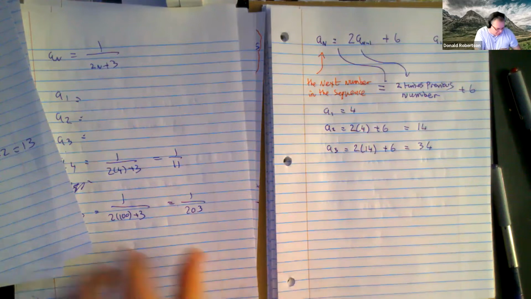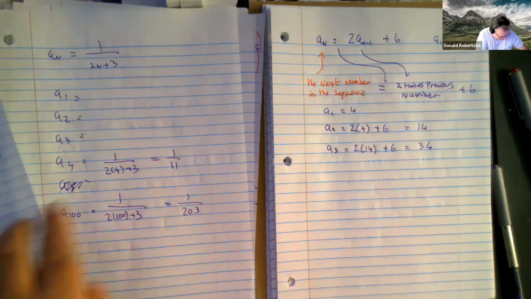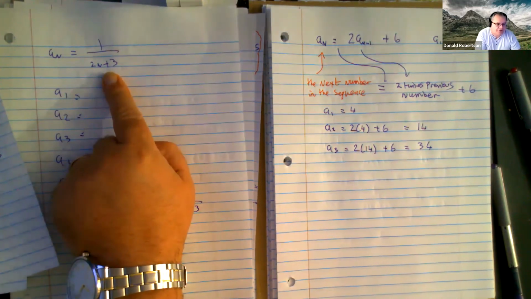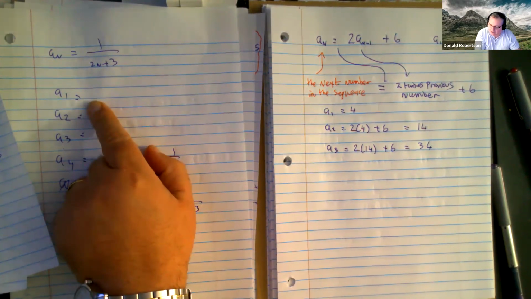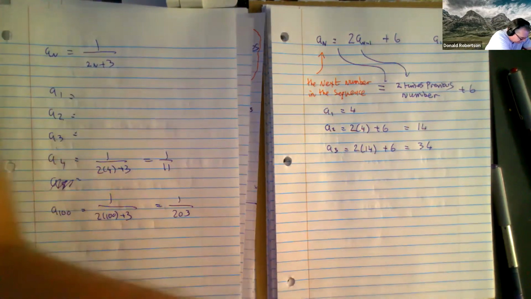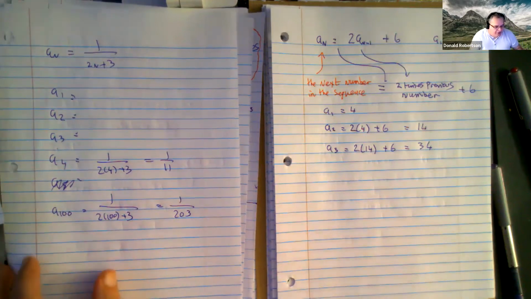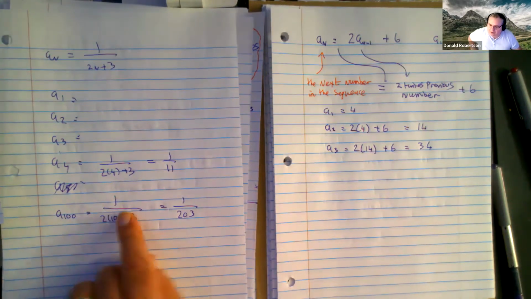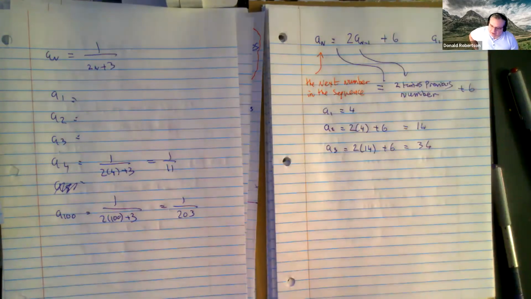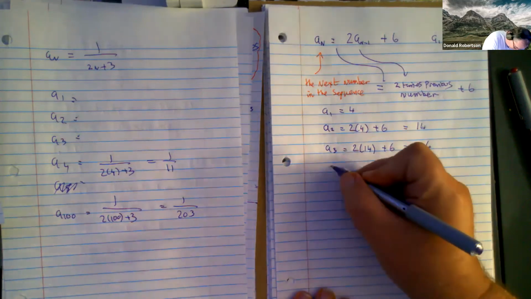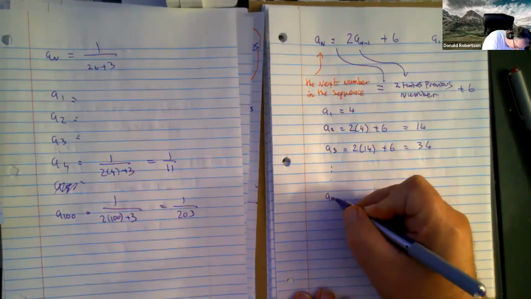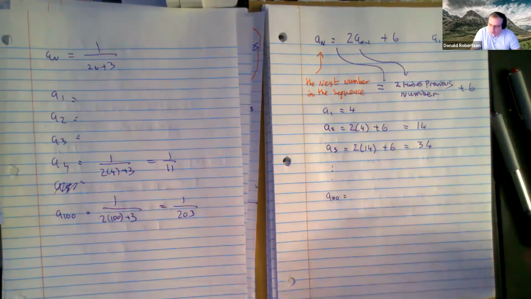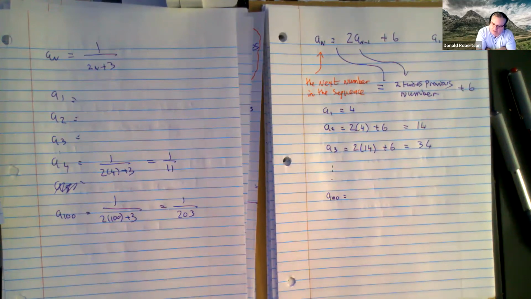So do you see that the way you get a formula is just plug the number in and you get the answer? One of the big advantages of a formula is you can find A100 with one calculation. If you have a recursive relationship, as we have here, if I asked you, and nobody really would, to find A100, wouldn't the only way be to find all the other 99 first?